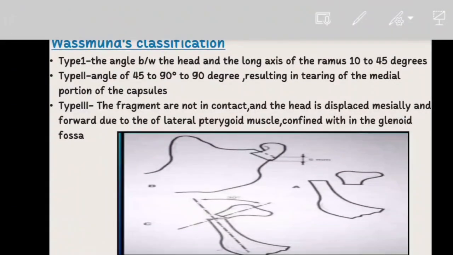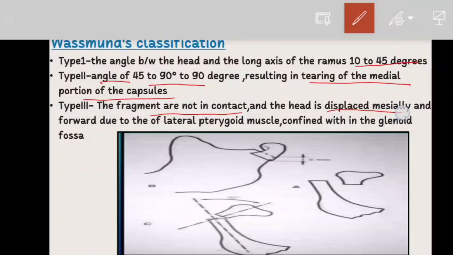Now according to the Wassmund Classification, type 1, the angle between the head and the ramus is 10 to 45 degrees. Type 2, the angle is 45 to 90 degrees and the capsule tears on the medial side, okay. Type 3, the fragments are not in contact, the head displaces forward and mesially due to the lateral pterygoid muscle's pull, okay.